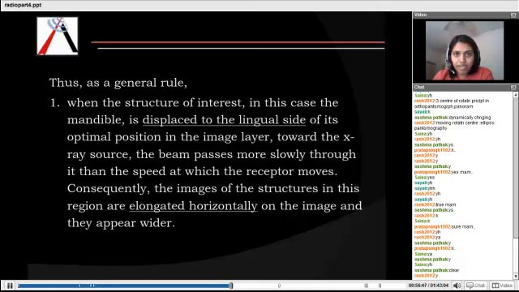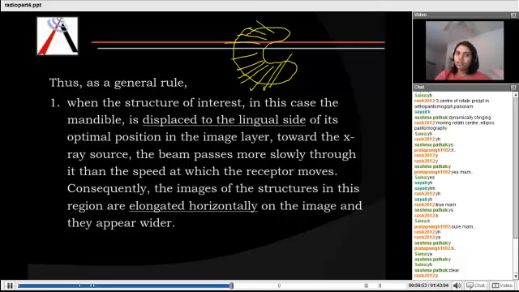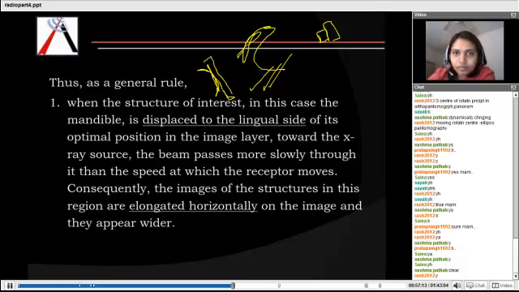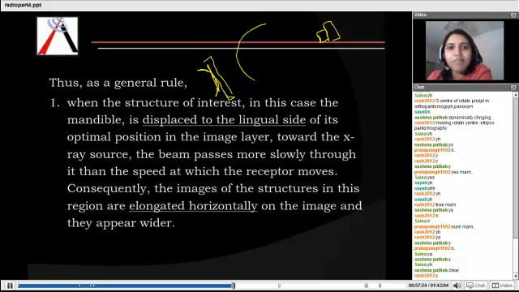It is that area wherein the X-ray is passing at a proper speed with respect to the movement of the image receptor. This side is our X-ray tube and this side we have our image receptor. Let me draw it a little bit far, as is the actual scenario. And this is the focal trough wherein you will get the sharp images.